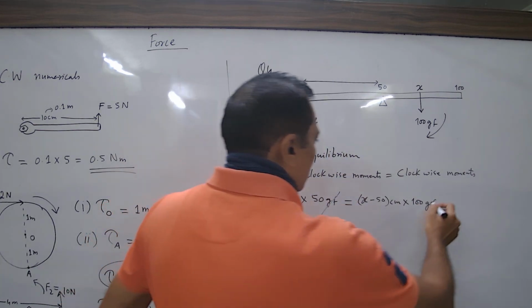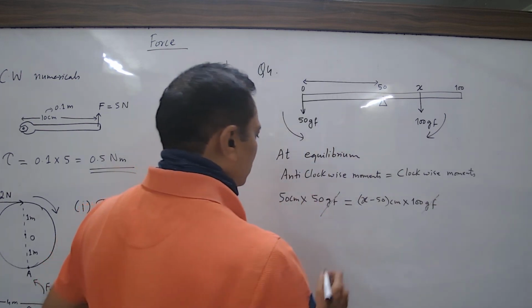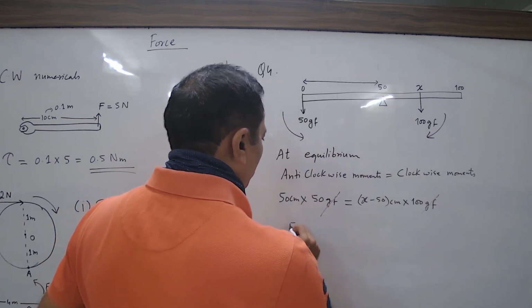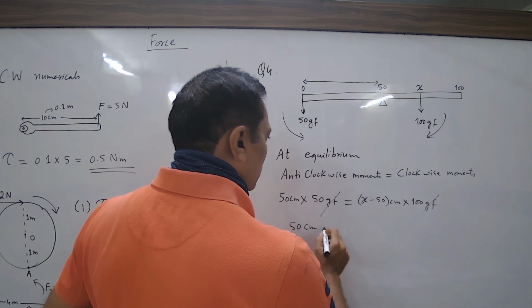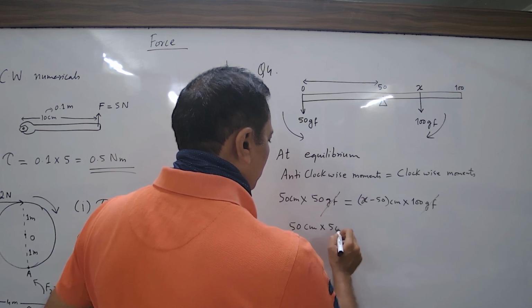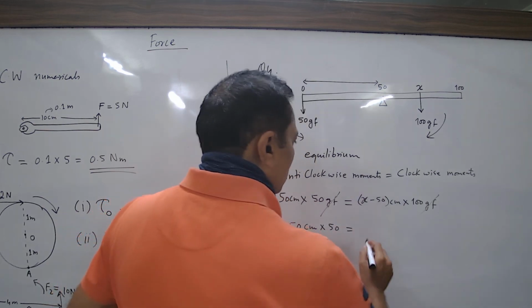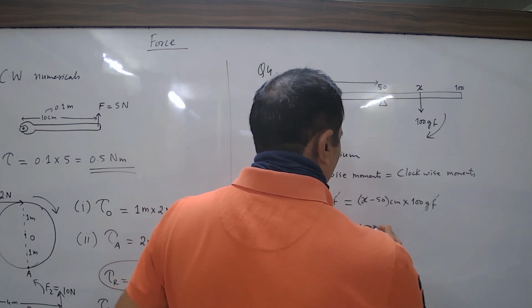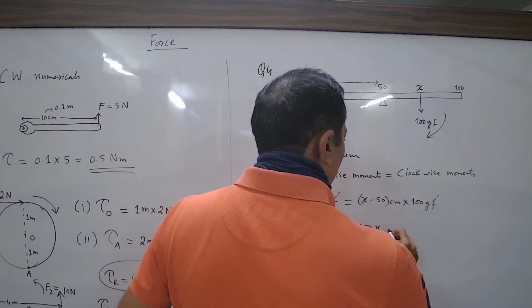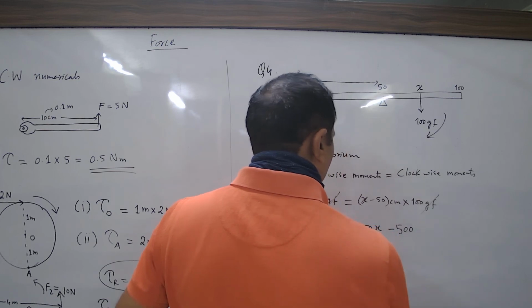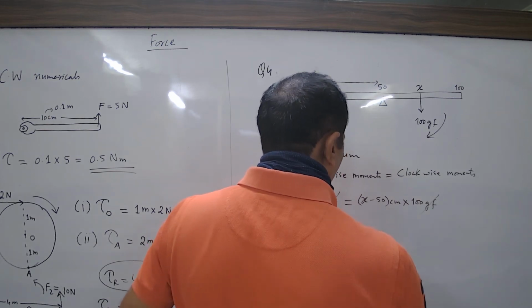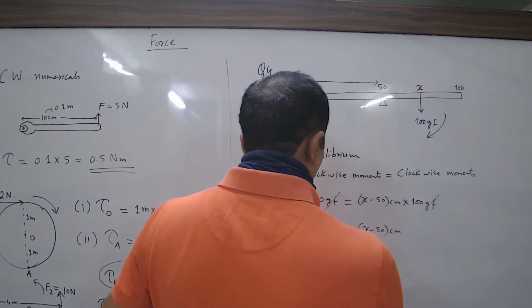So now the gram force gets cancelled. So I have 50 centimeter into 50 is equal to 100x minus 5,000. Let's take x minus 50 divided by 100.